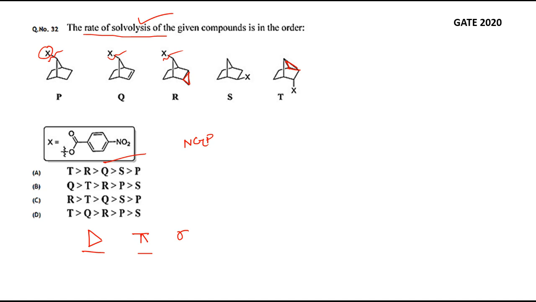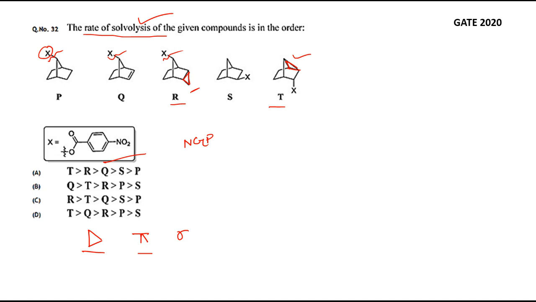Now from that logic, T and R should give maximum rate of solvolysis. Now among T and R, which one will give more rate? That is T, because in T the ring is more strained. If you look at the structures R and T, in R there is some amount of flexibility but not in T. So that is why T will give higher rate.